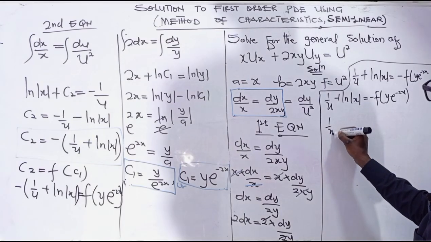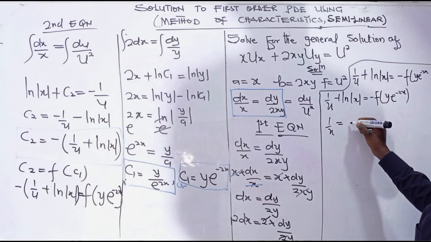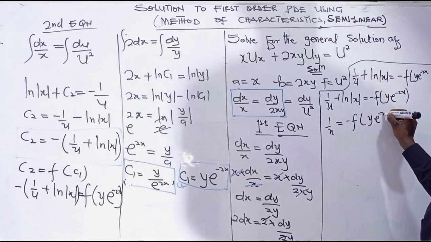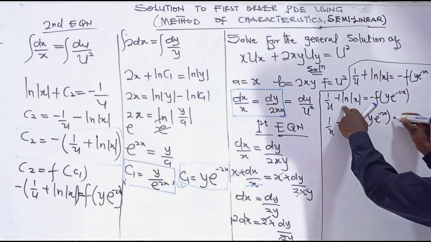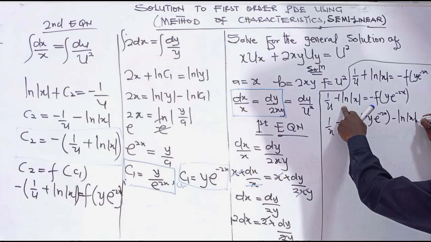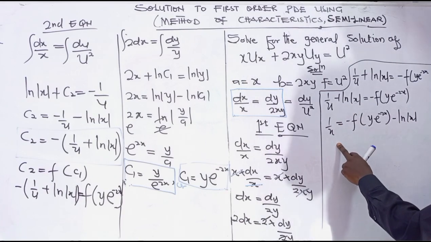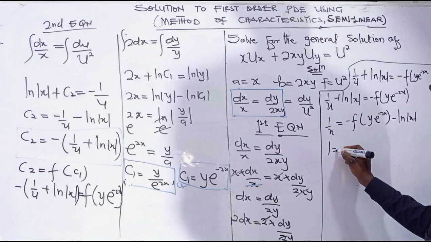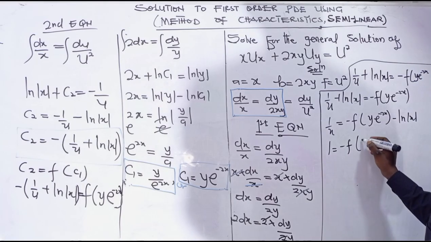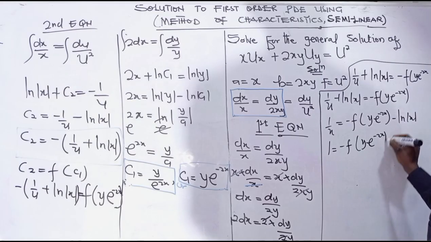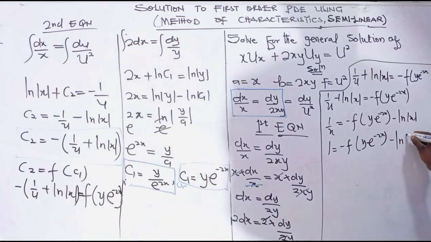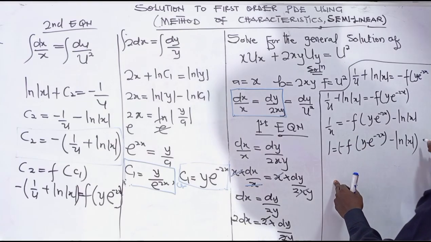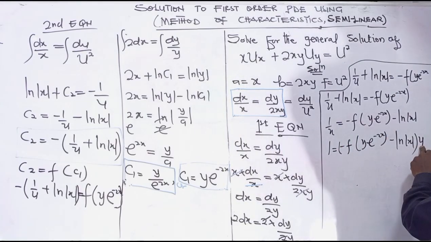So we have 1 over u is equal to minus f of y exponent negative 2x. This will give us minus ln what? x. We want to make u the subject. So let's do some small algebra here. We are going to have 1 is equal to minus f of y exponent negative 2x minus ln x, then all this is multiplying u. We are just multiplying through by u.